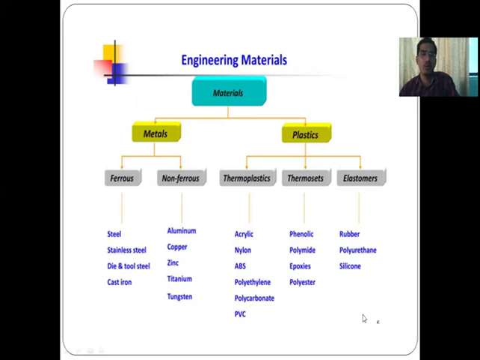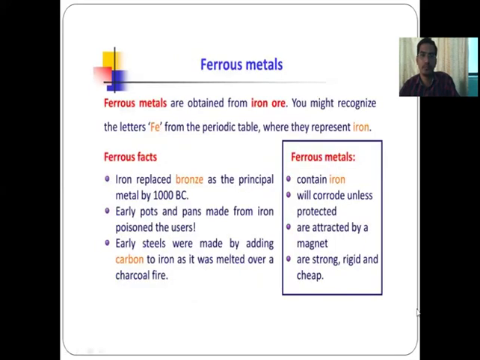Now we will go into the detail of every material. First, ferrous metals or ferrous materials. The ferrous metals are obtained from iron ore.